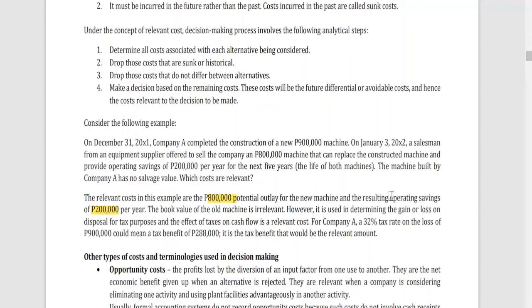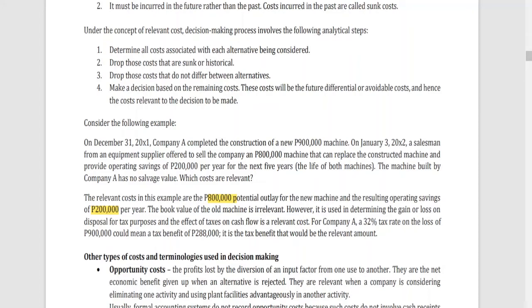Kano ma-relevant man siya, ma'am? Kay kung i-dispose si old machine, not so old man gyud siya, kay pila raman to ka days, diba? Pero considering nga nauna to siya. Okay, so if you dispose the machine, you will get a tax benefit. But if you're not going to dispose the machine, dili ka mo palit sa bag-o nga machine, you will not have a tax benefit.